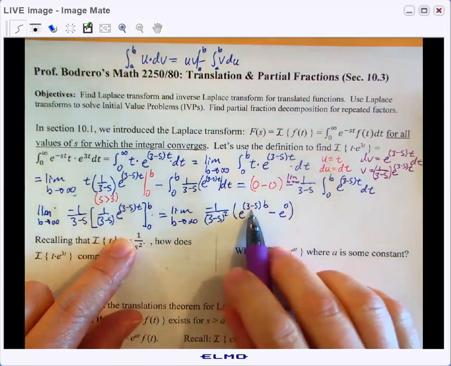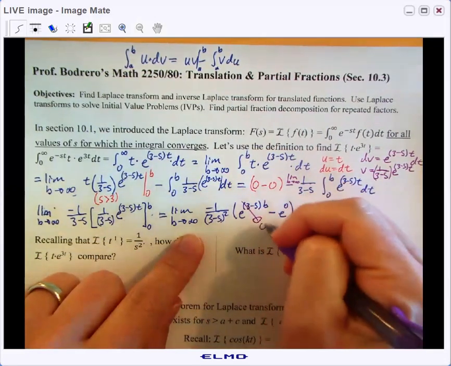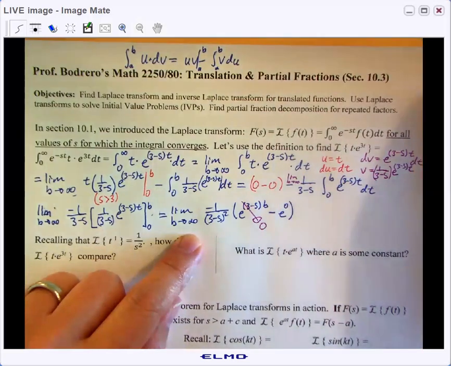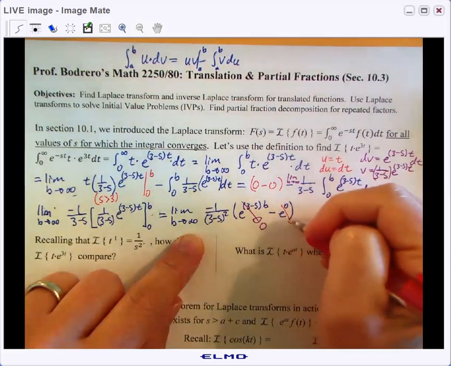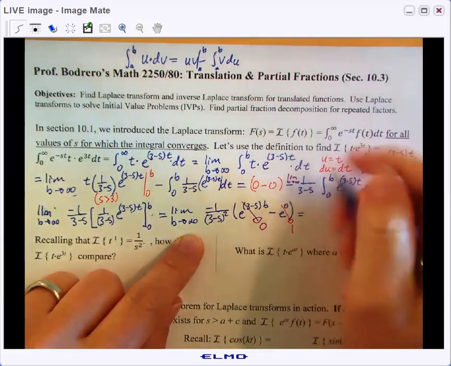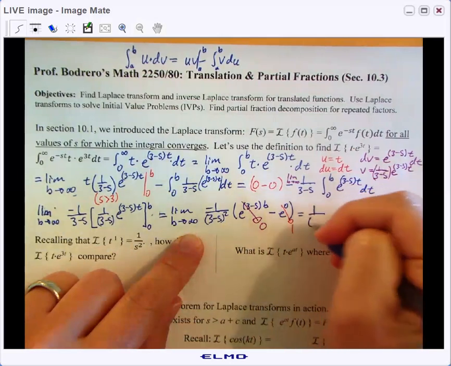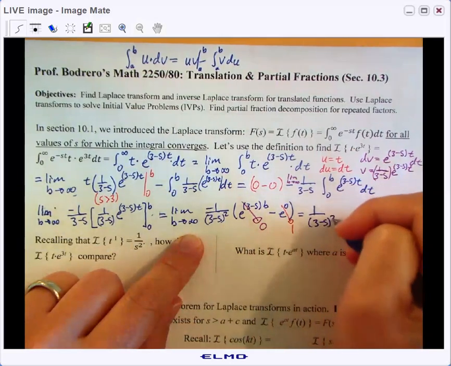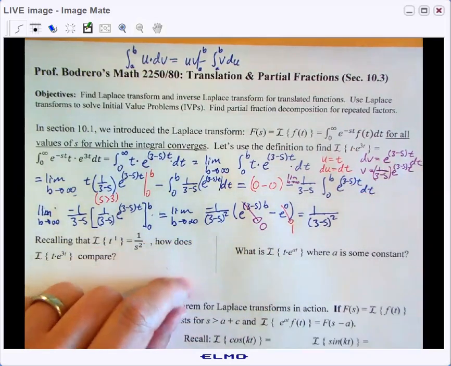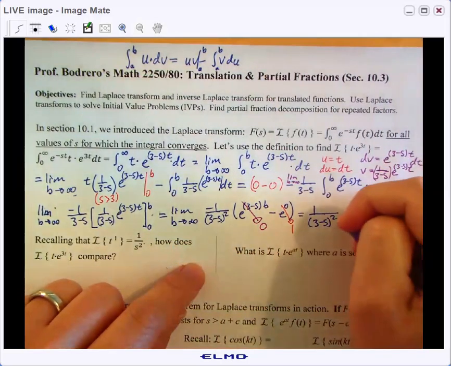Okay. And as we mentioned before, provided that s is greater than 3, this is a negative number, and e to a negative large number goes to 0. And e to the 0 is 1. And so the negative 1 times the negative 1 would give us 1 over (3 minus s) squared. But sometimes we like to put this in a slightly different form using just some algebra.